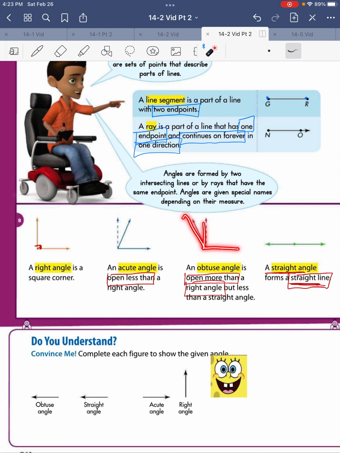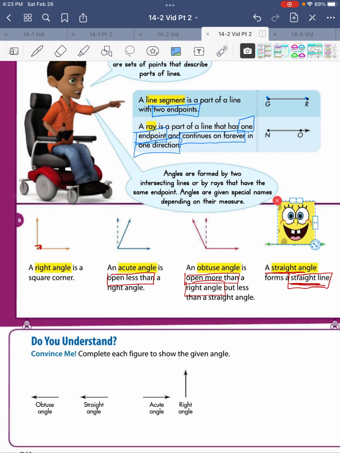An obtuse is right here, okay? But an obtuse angle is less than a straight line, okay? Because my straight line just opens up all the way, okay? And on a straight line, like I said, it says it in the name, straight angle, straight line. SpongeBob will fit right there, okay, on the top, okay?